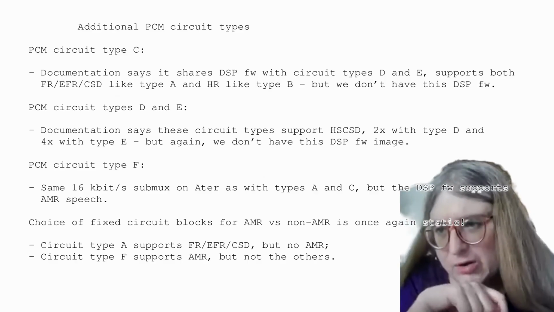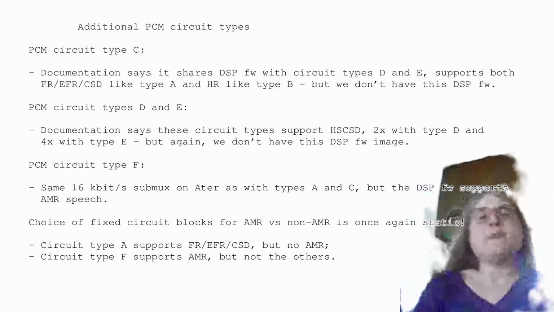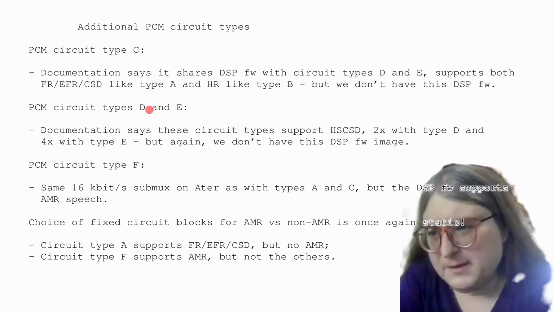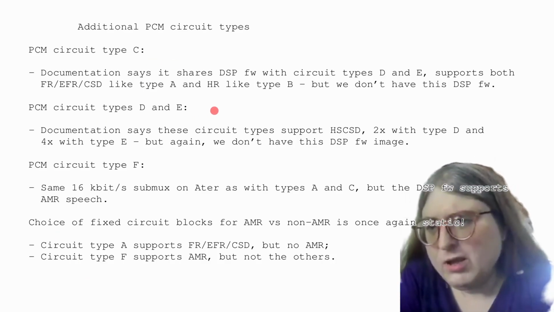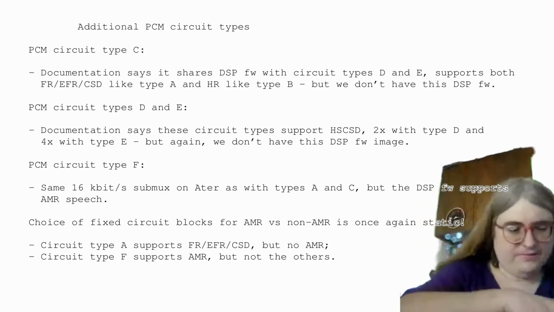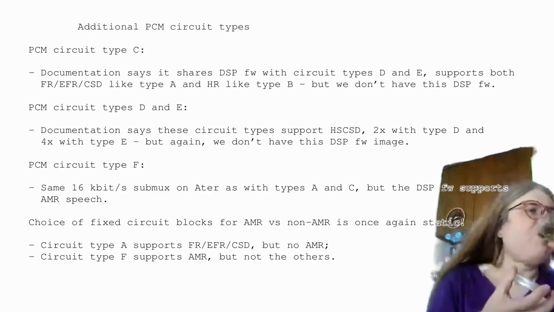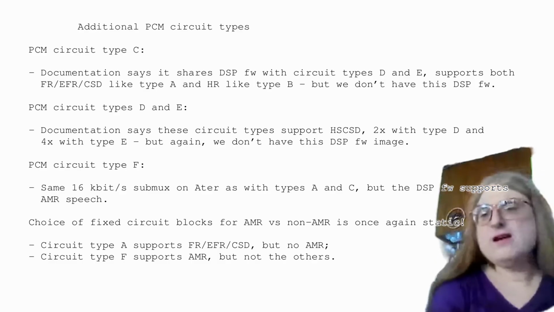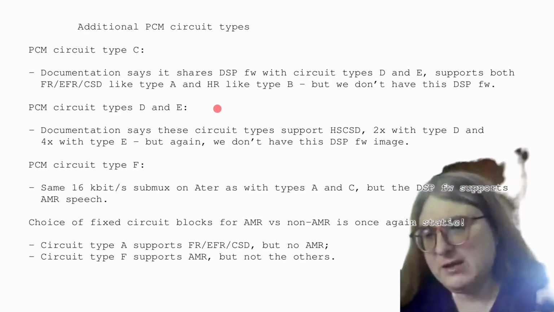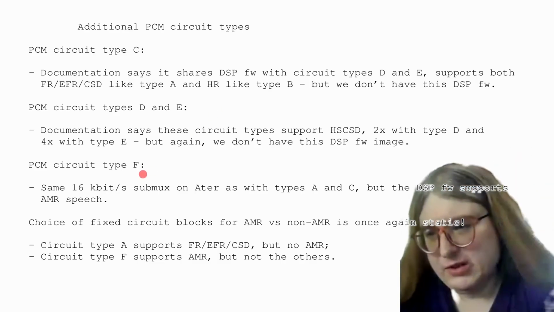But now there are also even more circuit types. With these ones, with C, D, and E, all I know is what the manual says, because we don't have the firmware for them. The firmware that we did get covers type A and type B, which are on the previous slide, and covers this type F, which I'll get to.